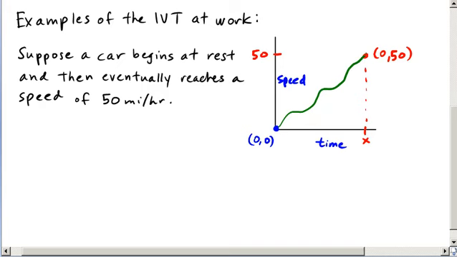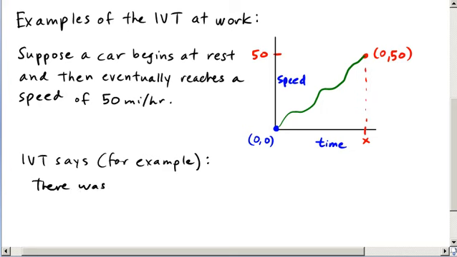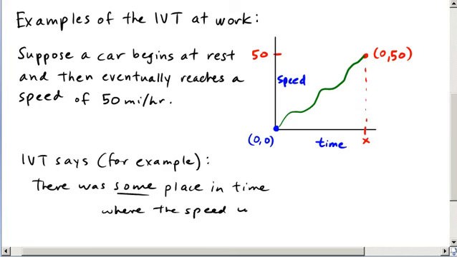But here's what the IVT says. So for example, there was some place in time where the speed was exactly 35 miles per hour.